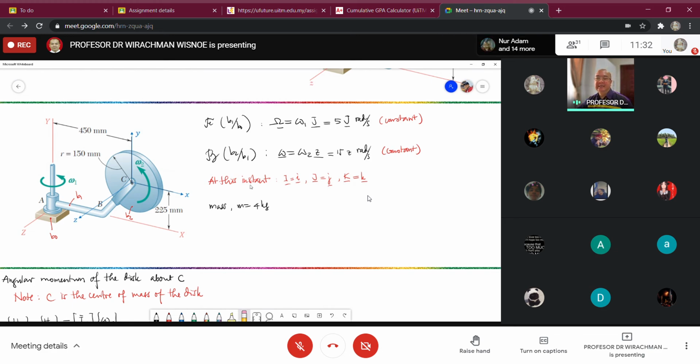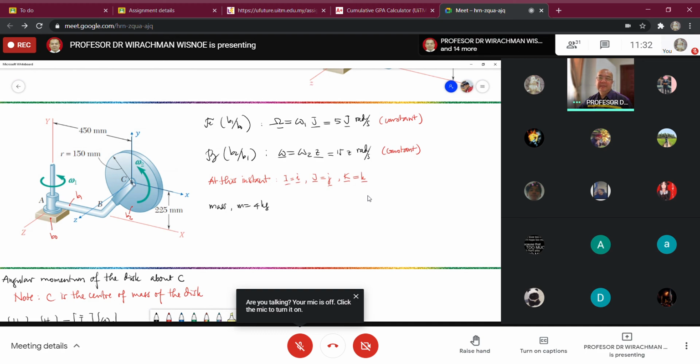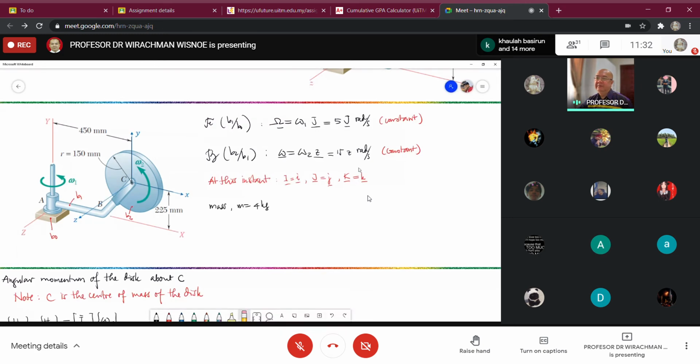But at this instant, all the directions are the same. Z is toward to the left, X is to the right, Y is going up. So I have this. So it means this 5 capital J, you can write 5 small j as well. Okay?